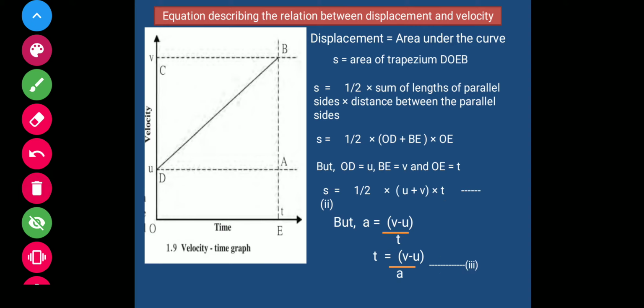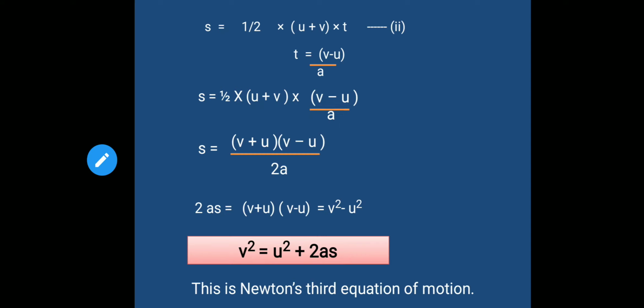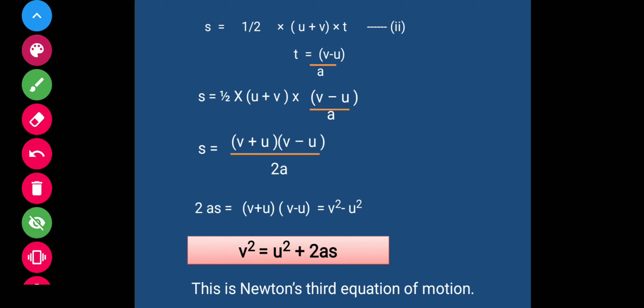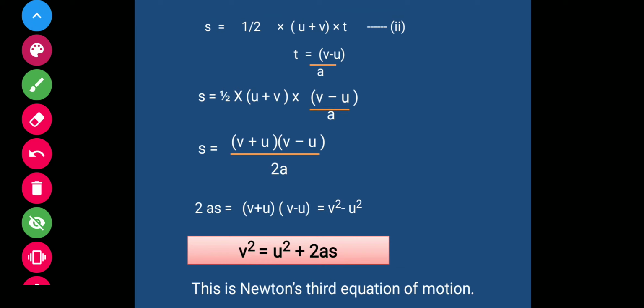So let's put this value. This value of t we are putting in this equation. After putting, what do we get?